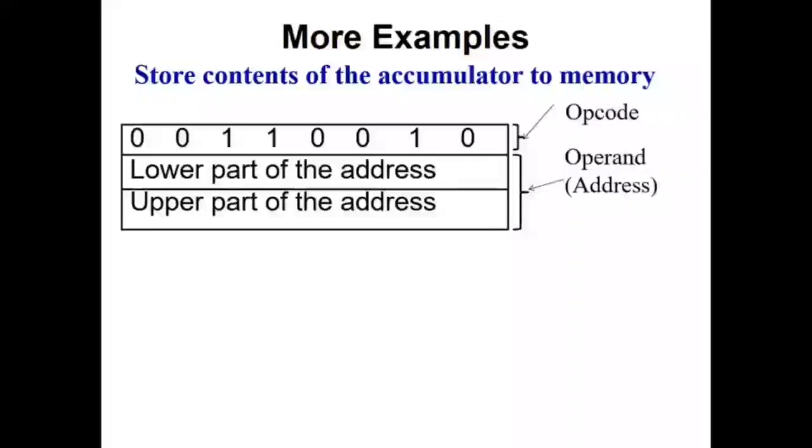Alex, 3A is okay, 5F is okay, AB is okay, C6, but the other one, the code for storing, is not 3A. Can you look at it again? The code for storing is not 3A.